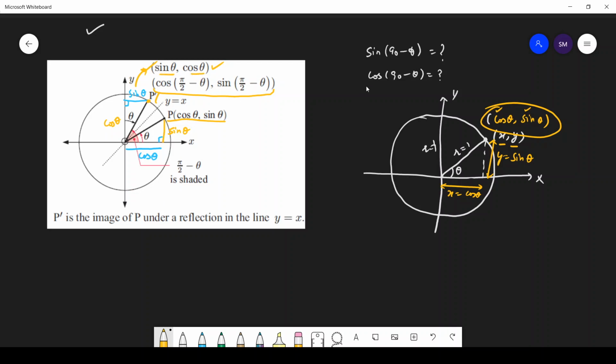So it means that cos 90 minus theta is equal to sin theta, and sin 90 minus theta is equal to cos theta.